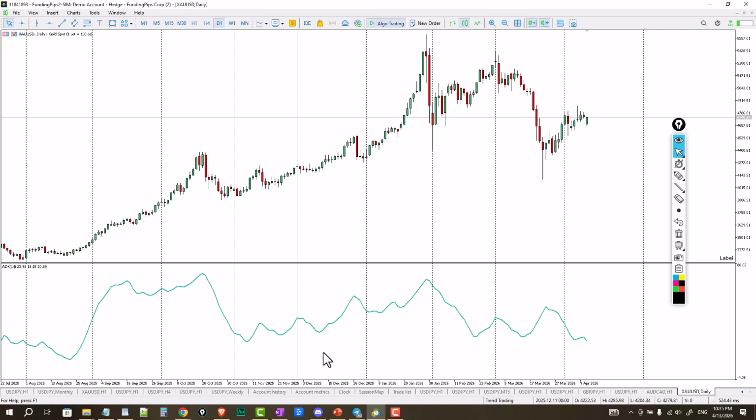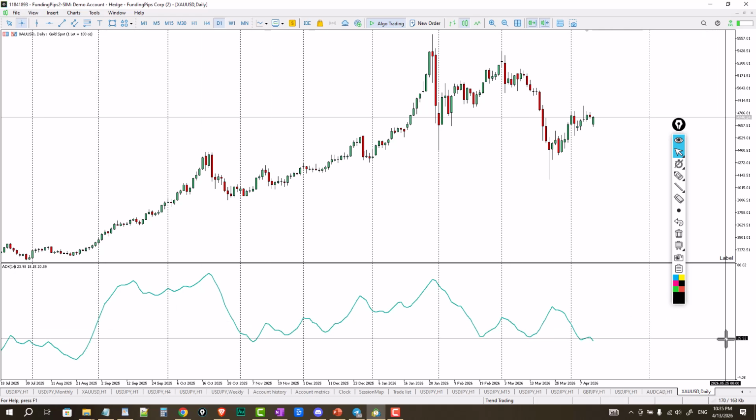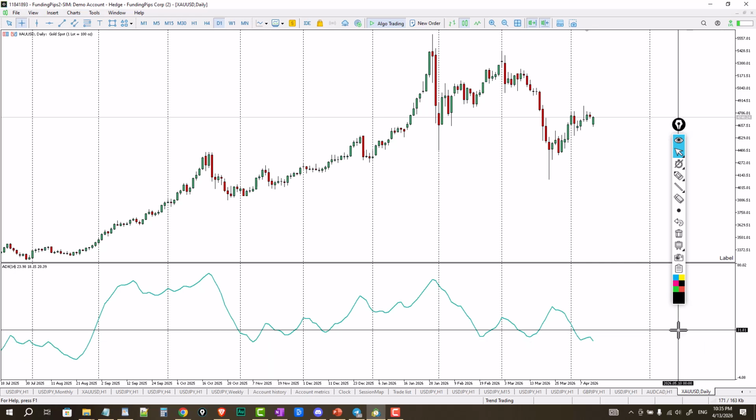Now you can see with the settings we've done for the indicator, it's a little bit difficult for us to see the exact 25 level reading. If you wanted to do it manually, you would have to click on the crosshair tool here, and when you come to the indicators window, you'd have to find where the 25 level reading for that particular indicator is, and then wait for price to cross above that level.